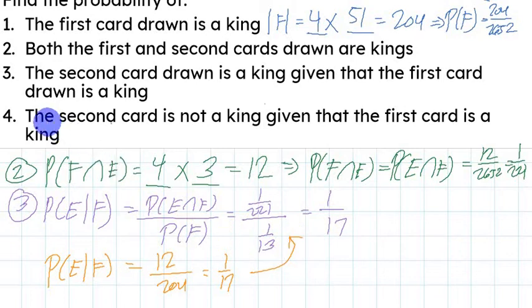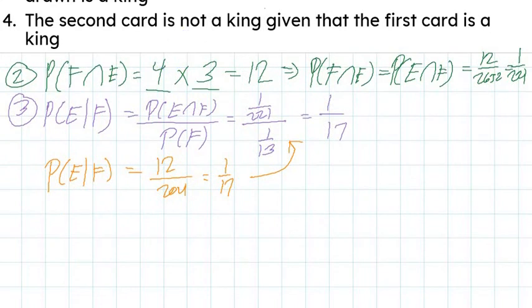Now, what if we want the second card is not a king, given that the first card is a king? Let's write that down, and I'm going to use a different color here. The probability that the second card is not a king, so that's a complement, given that the first card is a king.